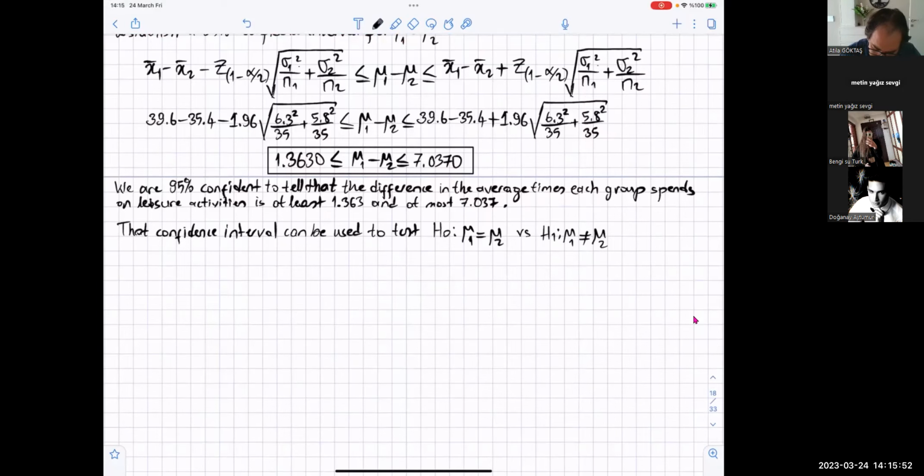So you can use that confidence interval to test such a hypothesis with an alpha level.